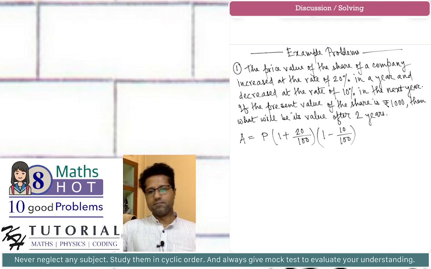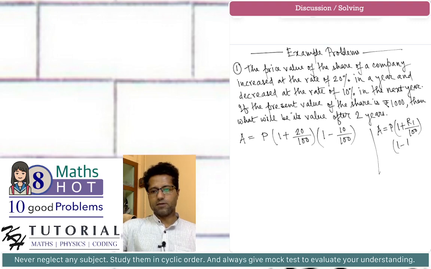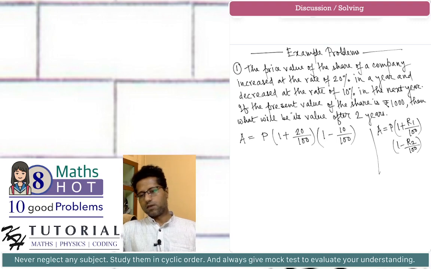So basically we applied the formula A is equal to P multiplied by 1 plus R1 by 100 multiplied by 1 minus R2 by 100, where the quantity is increasing at the rate R1 in the first period and it is decreasing at the rate R2 in the next period.